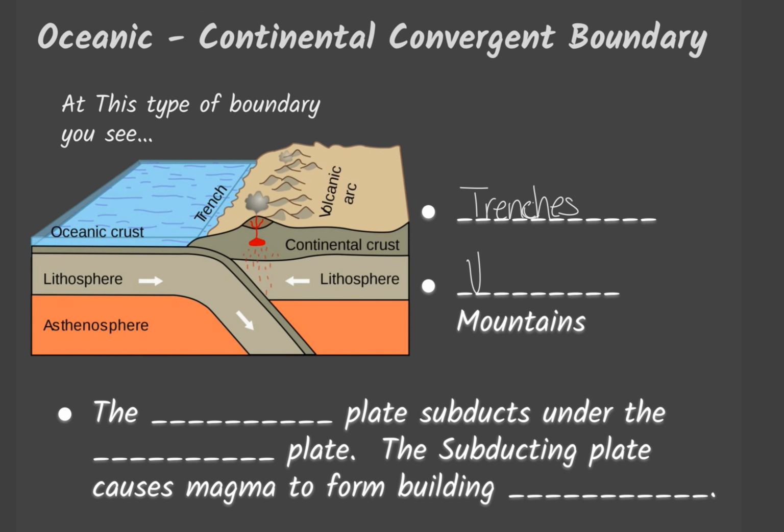We get volcanic mountains. And again, the oceanic plate is always going to subduct under the continental plate. Continental crust is less dense than oceanic crust, so it's always the oceanic crust subducting. And then the subducting plate causes magma to form, which builds our volcanoes.